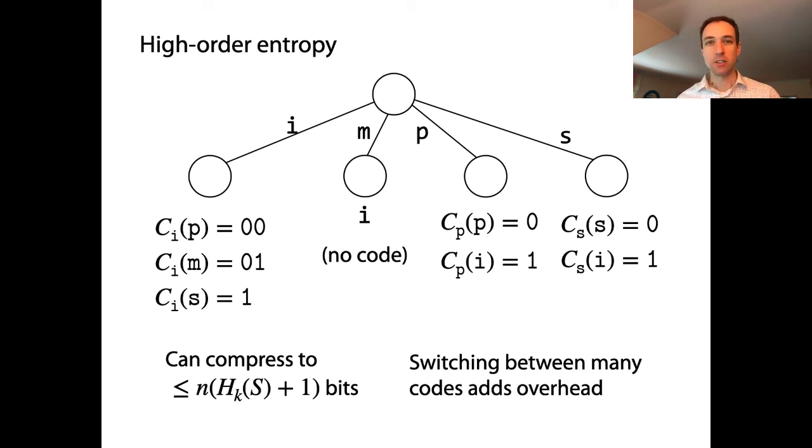For large k, the number of possible contexts is increasing exponentially with k, so for high enough k we might suddenly have an enormous collection of codes, and the overhead of storing them and the overhead of switching between them might start to add up and get very costly. So it's not as though this is a panacea. Higher k is not necessarily better, but k is flexible. We can pick k to be a nice computationally reasonable value that nonetheless provides a substantial improvement over zero order empirical entropy.